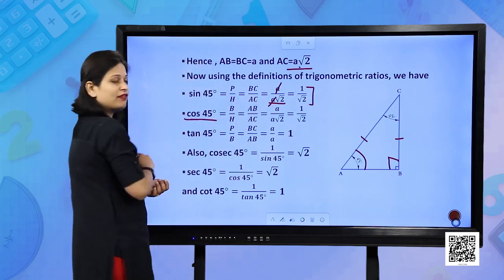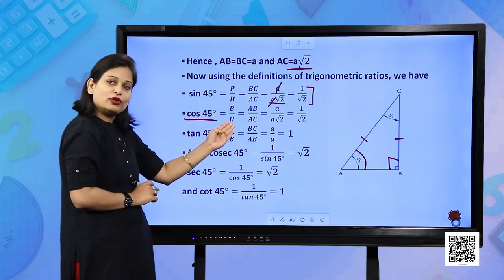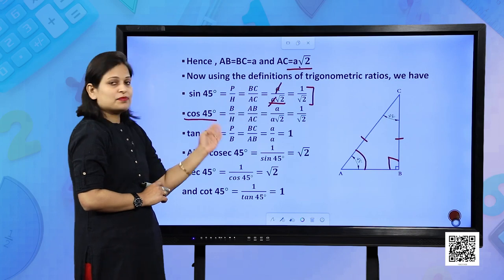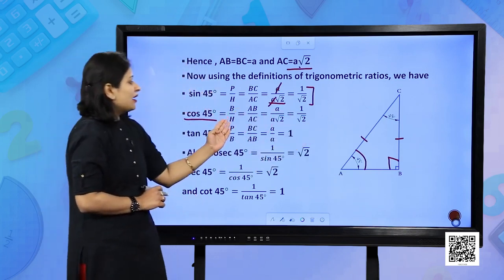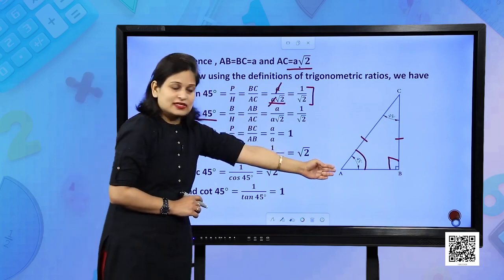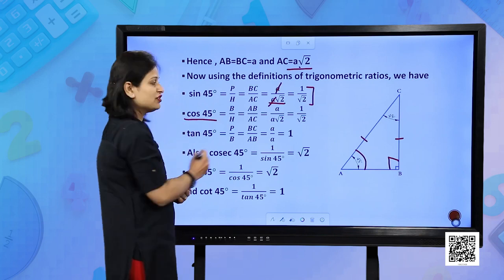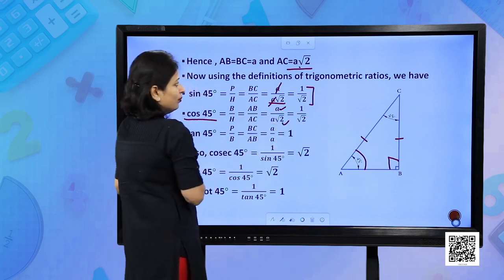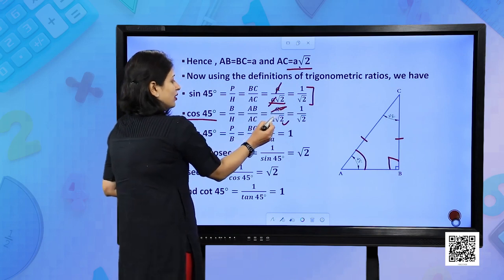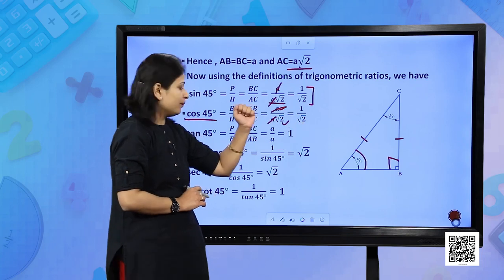For cos 45 degree, by definition you have base upon hypotenuse. Here base with respect to angle A is AB and hypotenuse is AC. So, simply substitute the value of AB which is A, AC, A root 2, cancel out A, you will get 1 upon root 2.